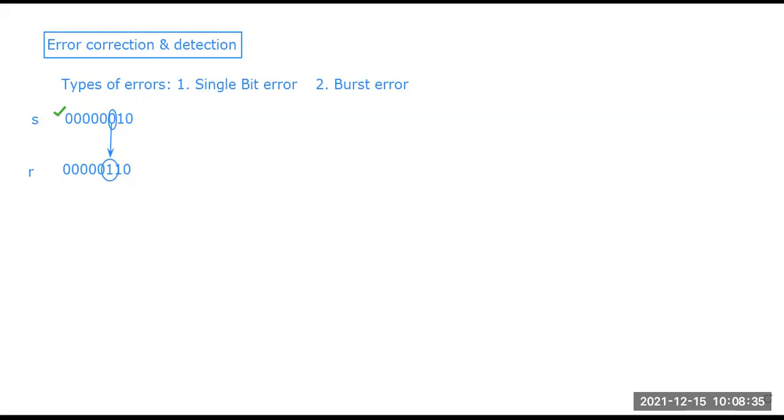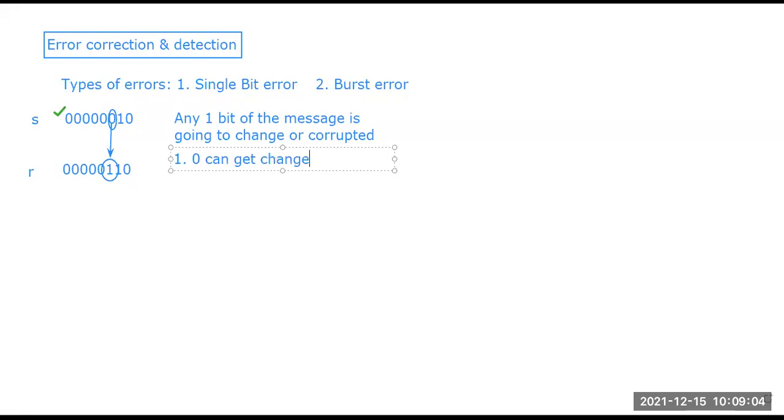So what happens in single bit error? Only one bit, any one bit of the message, gets changed or corrupted. There are two scenarios: first, a 0 can get changed to 1, or second, a 1 can get changed to 0. When a message is sent through a digital mode, it consists of a combination of 0 and 1.